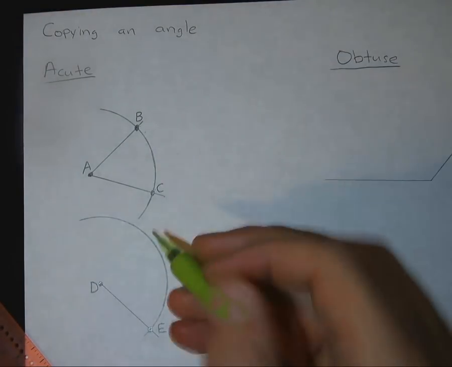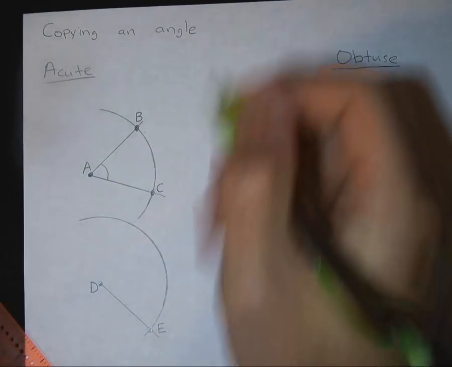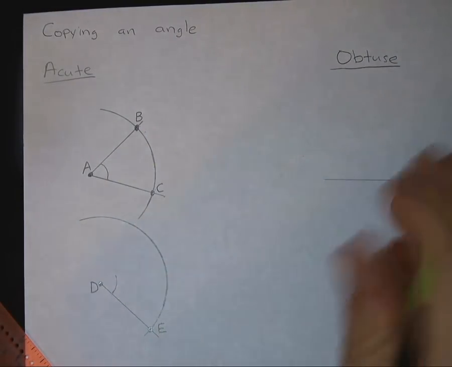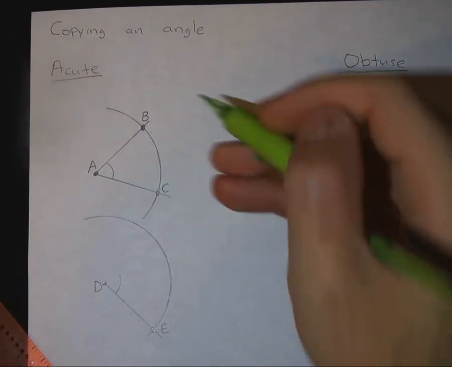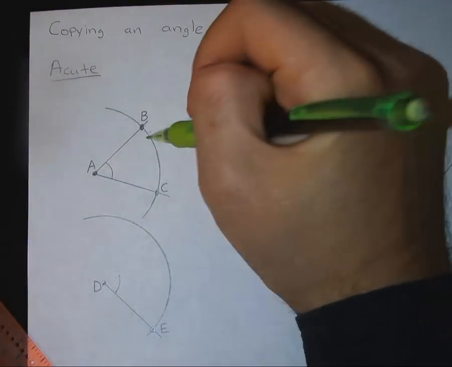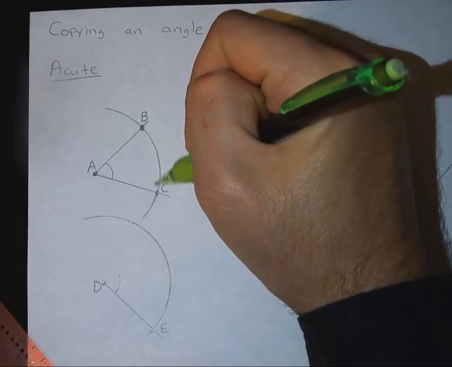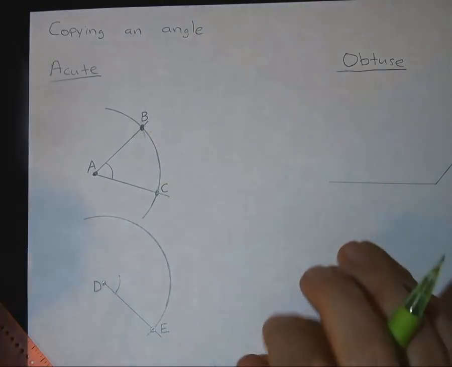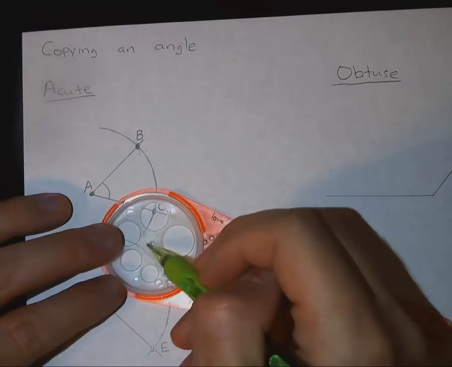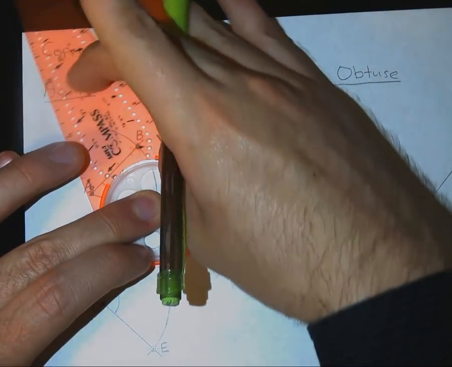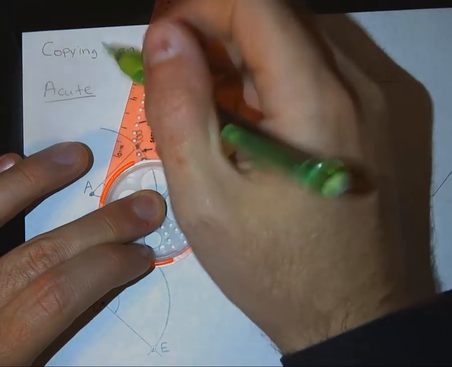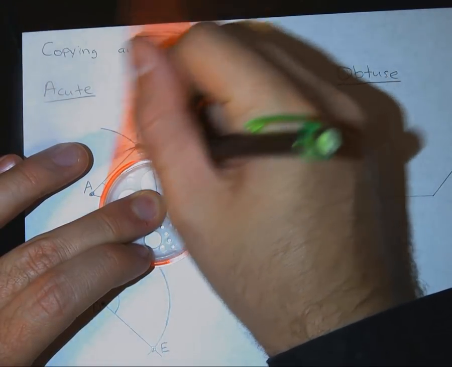Now the other point, so that I can copy this angle here to here somewhere, is a little more difficult to find. So it's not too hard though. Basically what I want to do is I want to get the distance from C to B, right. Okay, so I'm going to put the center of my compass on C and rotate my compass to find a dot that works and get that measurement, right.